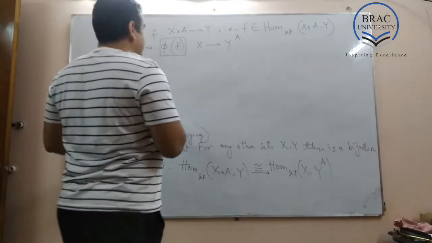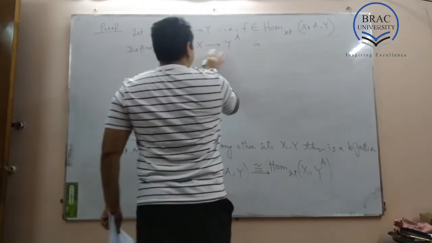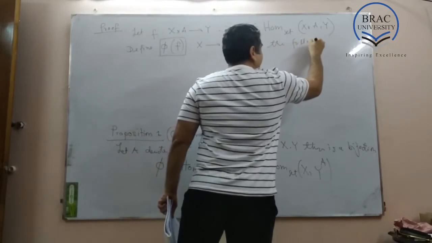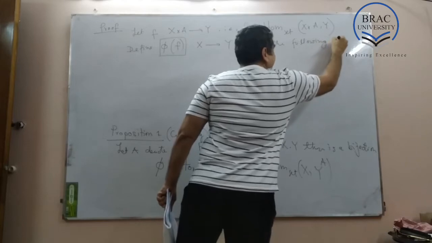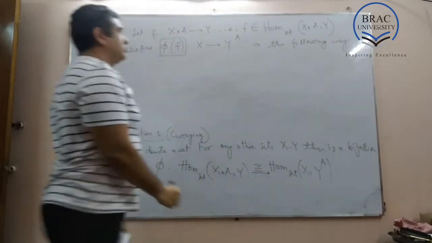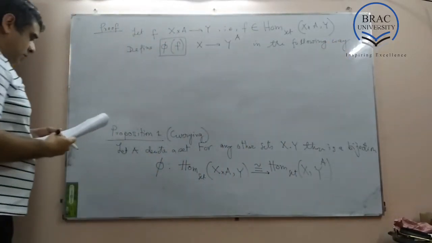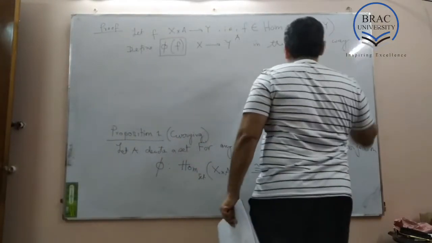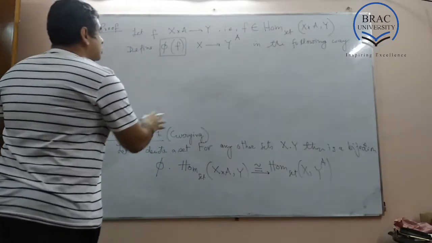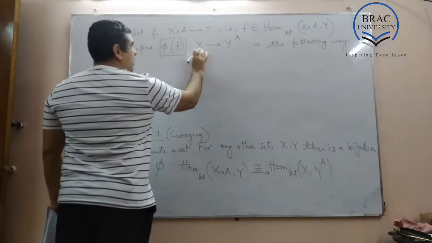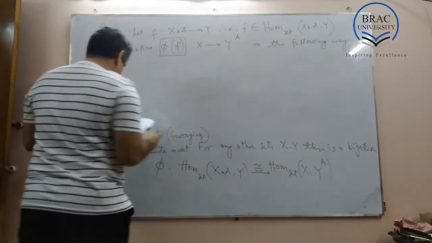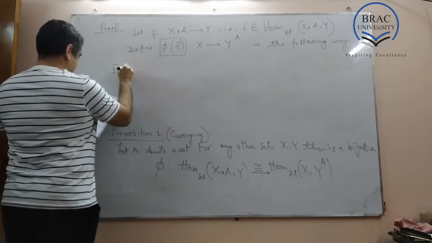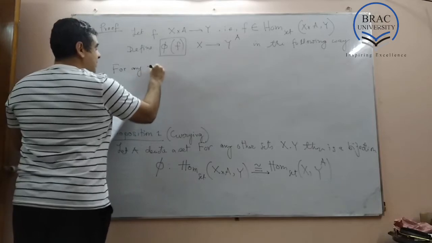We are going to define this map in the following way. We choose an arbitrary element from the domain of this map. Say we pick small x for any x in X.